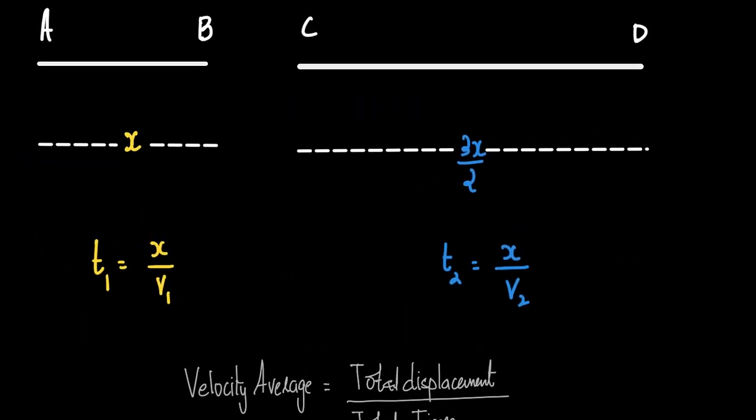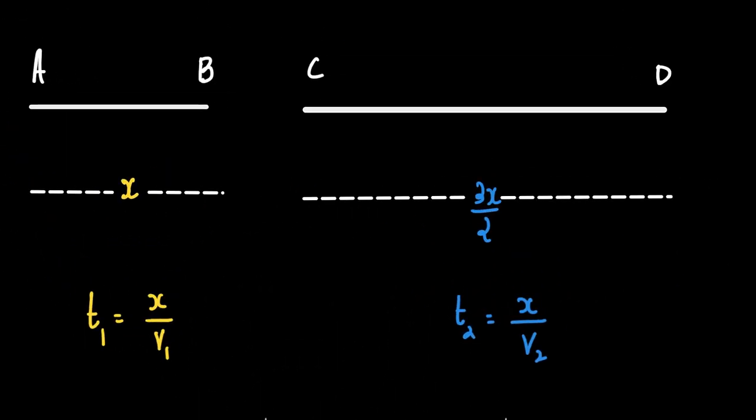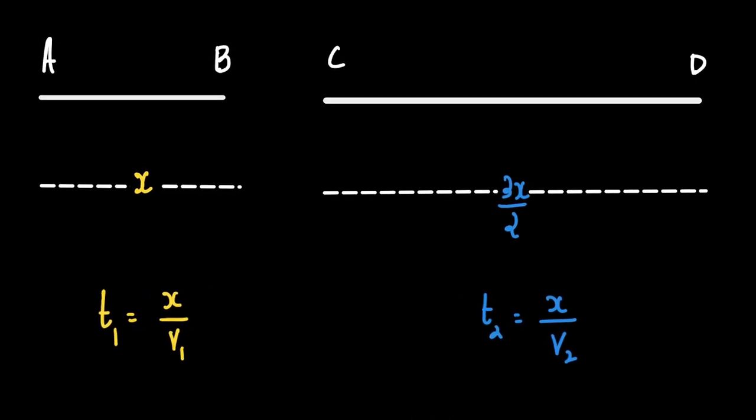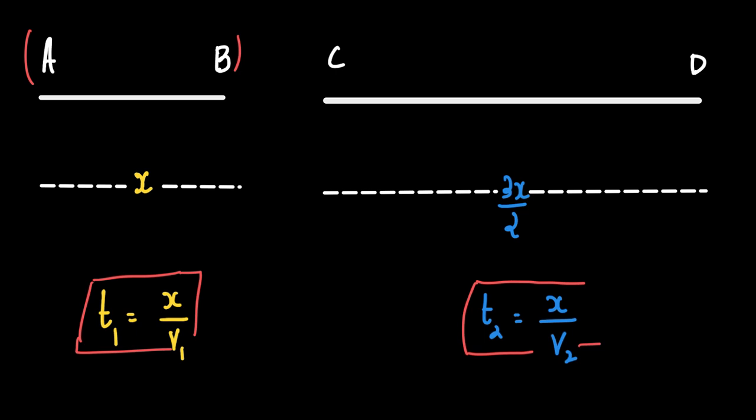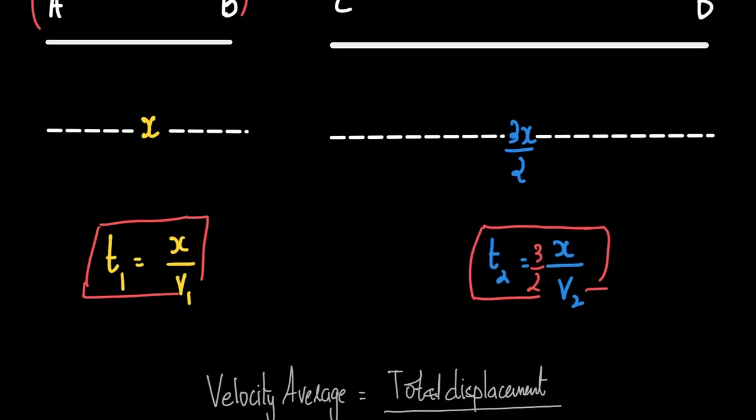Now let's put both of these together. So along AB, time t1 is equal to x by v1, and time t2 is equal to x by v2. Well, my bad, it should be 3 by 2x by v2.